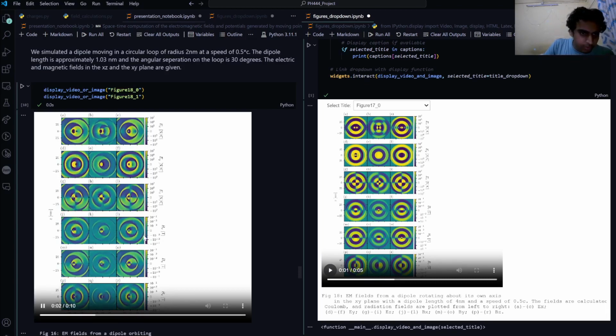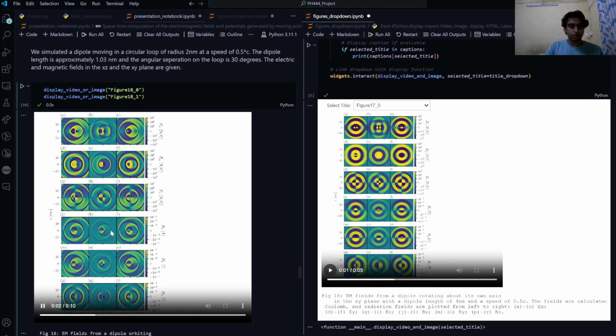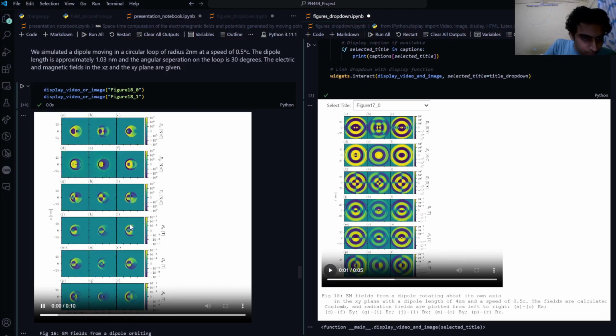We also see something similar for the BX, BY, BZ fields. What's also interesting here is that because the dipole is not rotating about its own center, the point from which the EM fields keep changing moves, as you can see in any one of these plots.